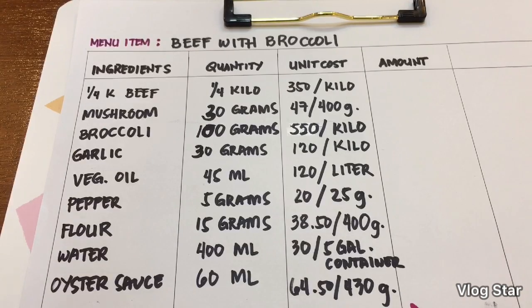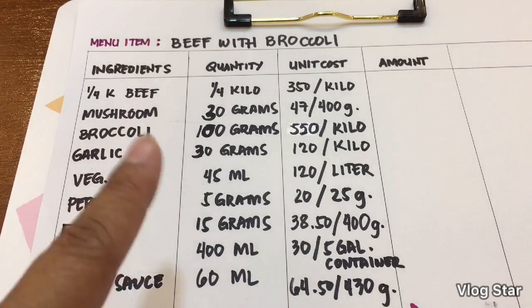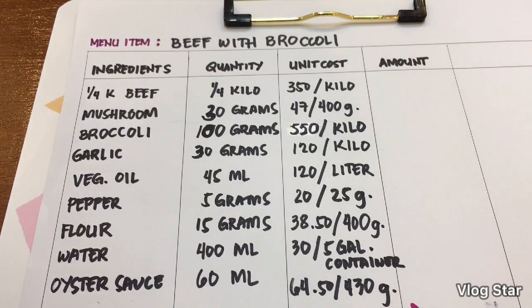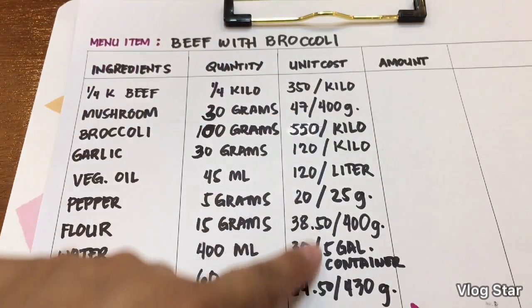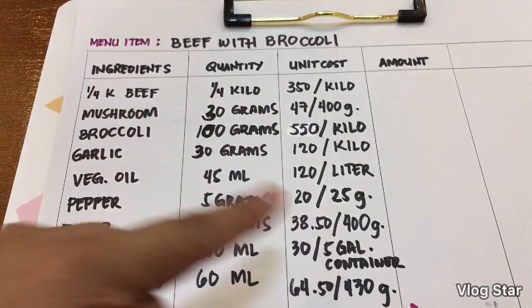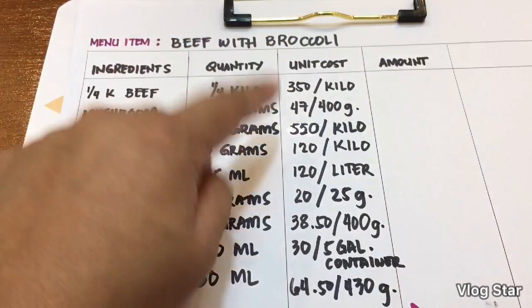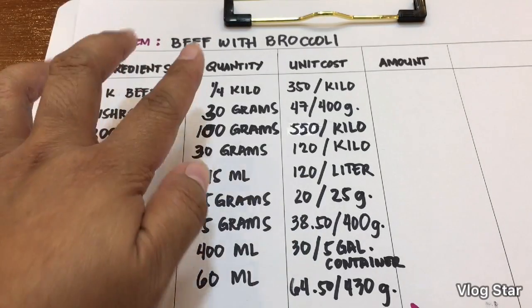Alright guys, so subukan natin i-compute itong recipe na to for the beef with broccoli. So, disclaimer lang guys, itong mga prices na nakikita nyo dito, itong mga unit costs na to, are retail values na nakuha ko lang sa internet. So, para lang meron tayong realistic reference ng computation natin for this menu item.